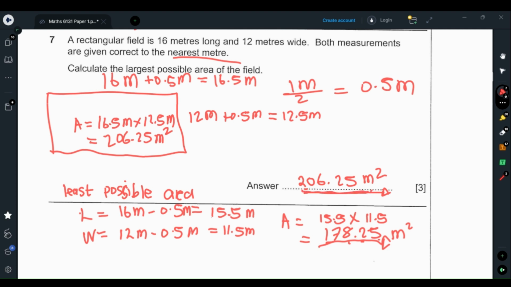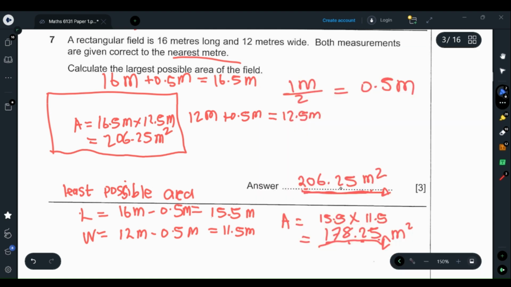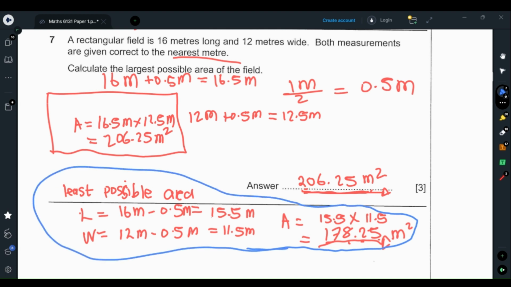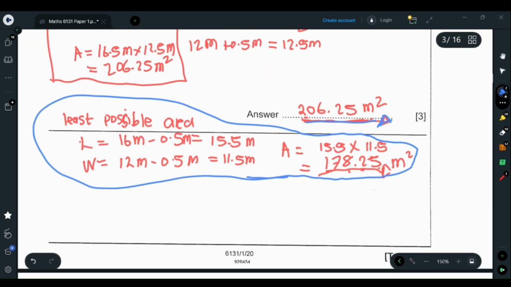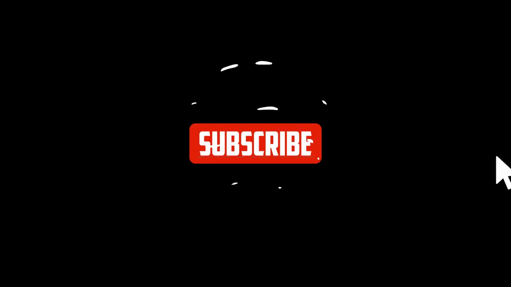Okay, but this is not part of the question. Let me just highlight it in blue to indicate that was not part of the question. This is the correct answer for question 7.